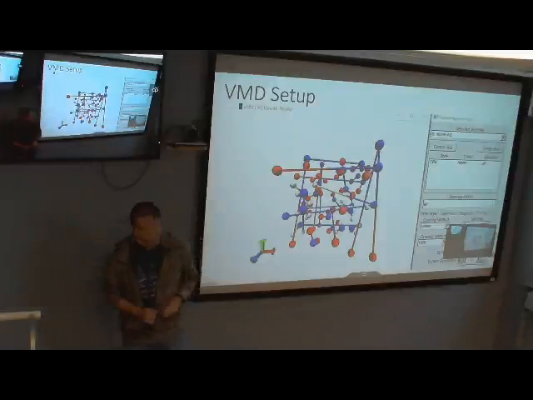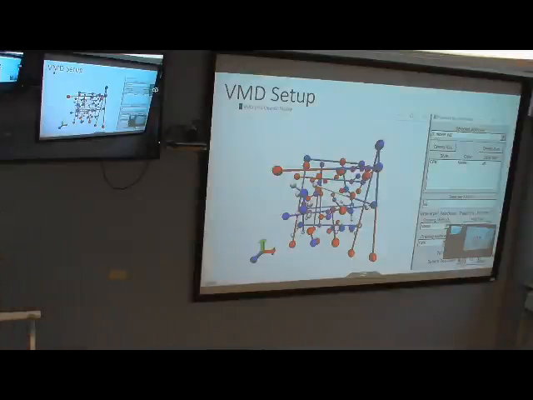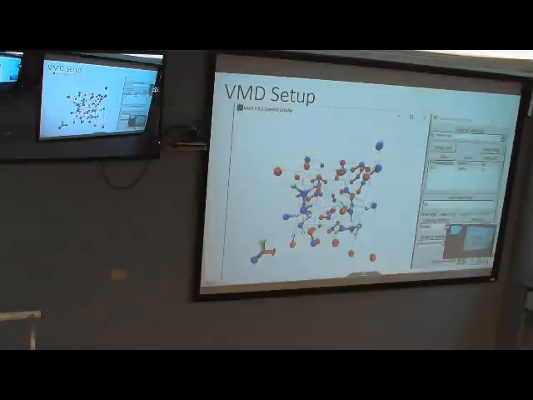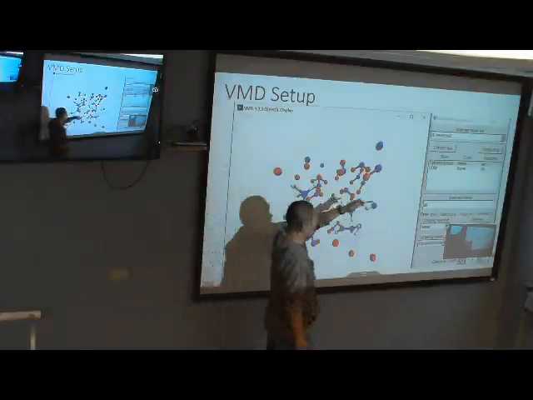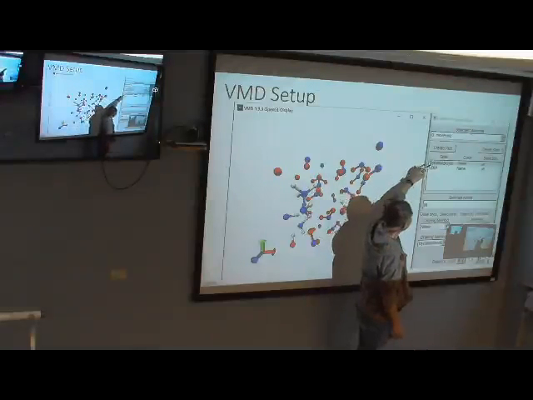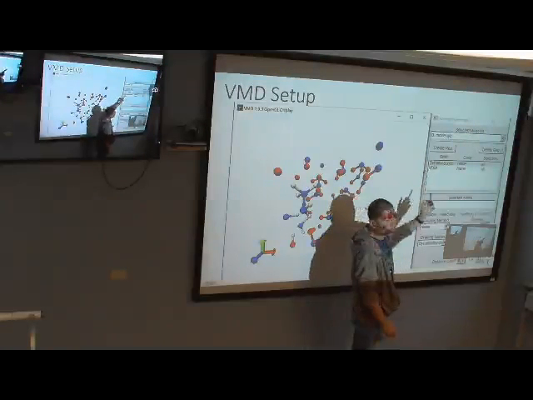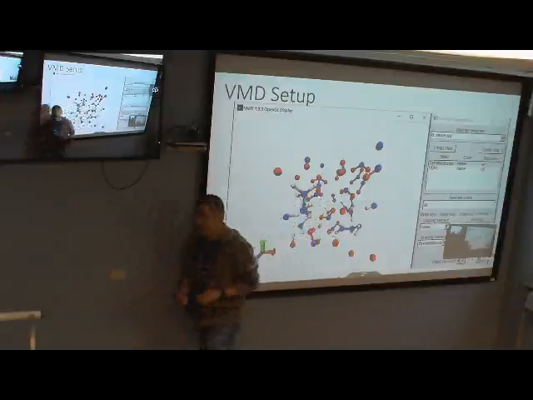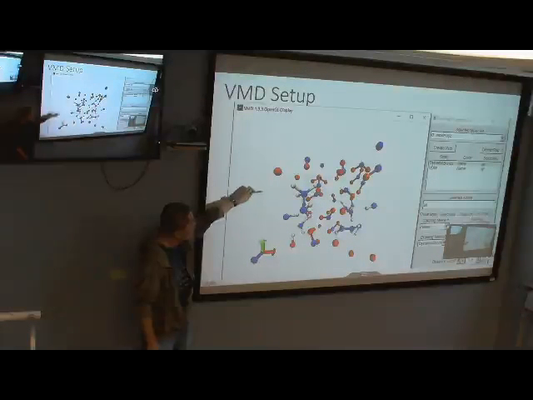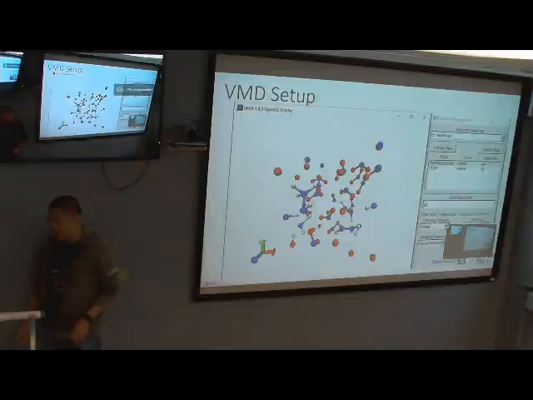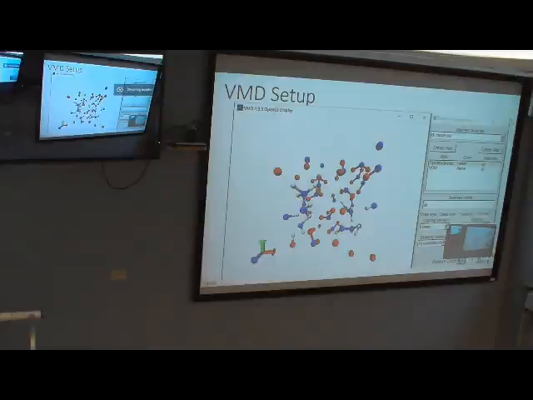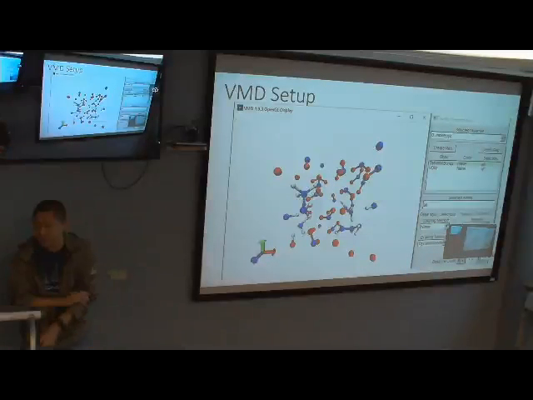So we choose a different drawing method. Here we use dynamic bonds and also van der Waals interactions, so we can have this kind of image. By using this method, we do not see the strange bonds across the boundaries.